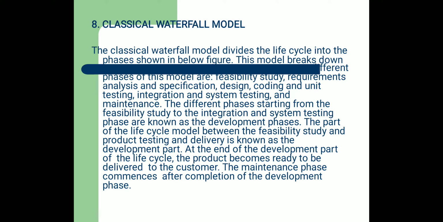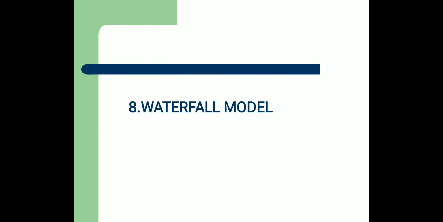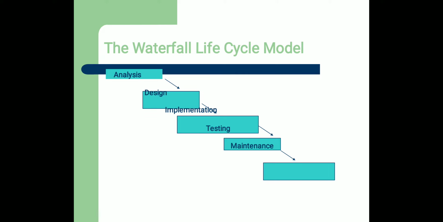Now we go for one example of what the waterfall model tells. In a real-time example, we have five steps in developing any application: one is analysis, second is design, third is implementation, fourth is testing, and fifth is maintenance. In general, suppose you want to build a house, then you cannot build directly on an empty place, because you need to purchase the land.